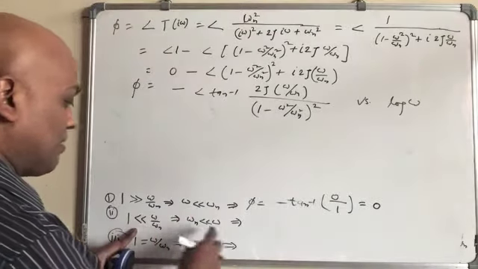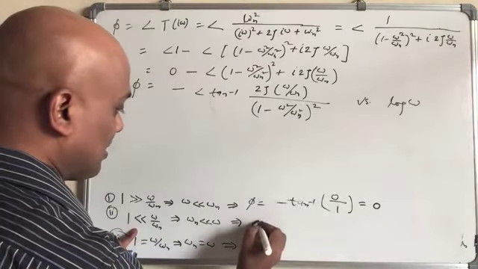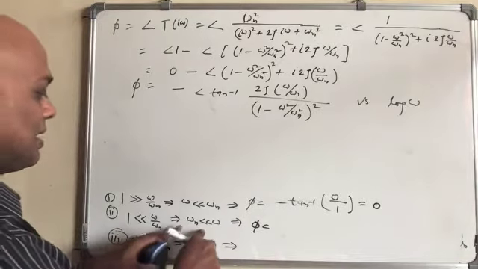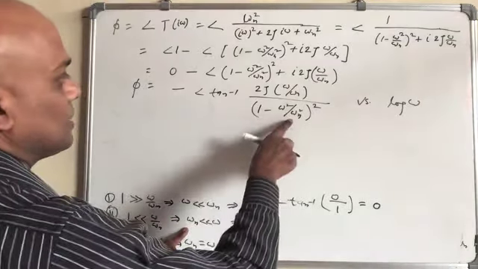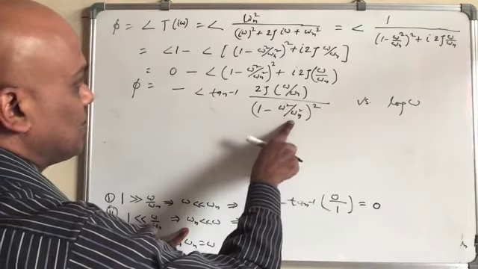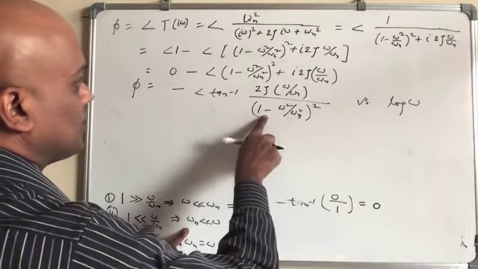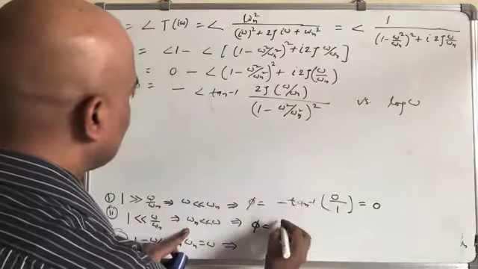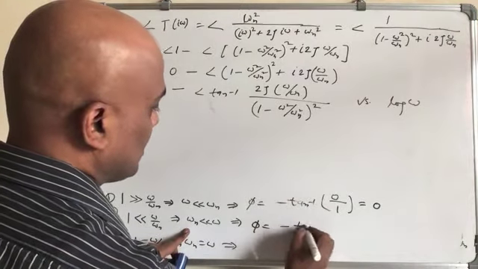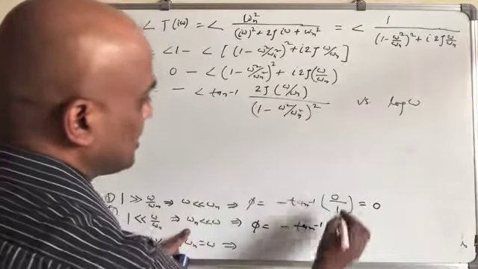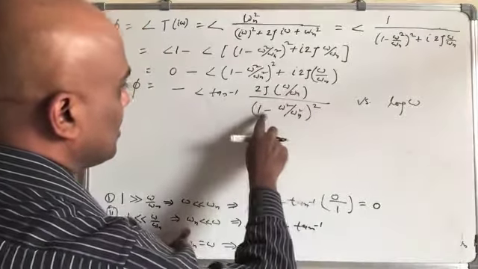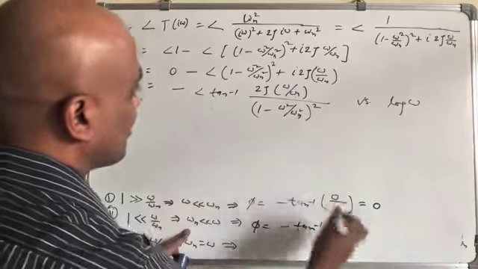Now when omega is very large, in that case this value will be very large, so the 1 is not there, and you get phi equal to minus tan inverse of 2 zeta omega over omega n divided by minus omega square over omega n square. So what you get?